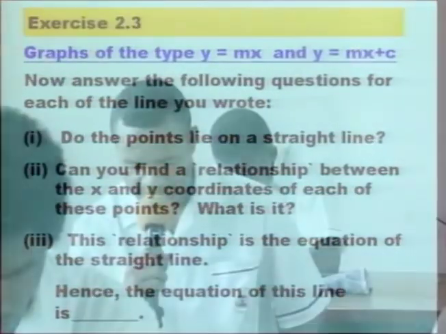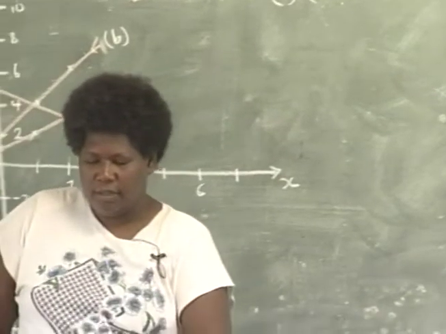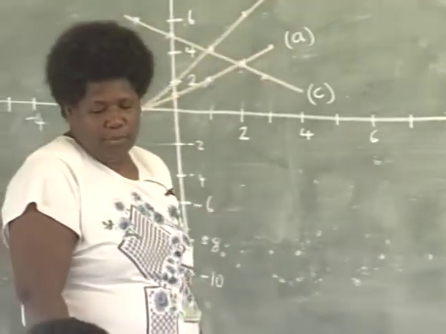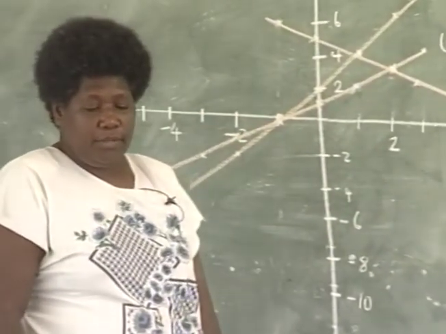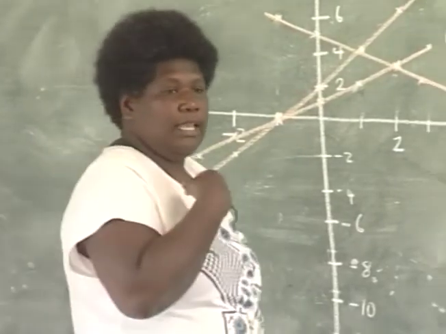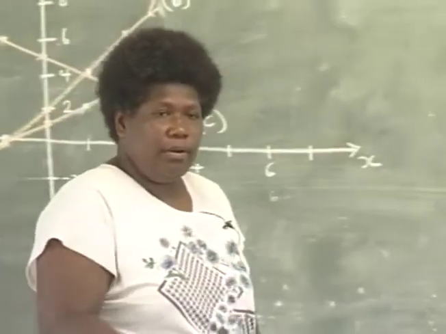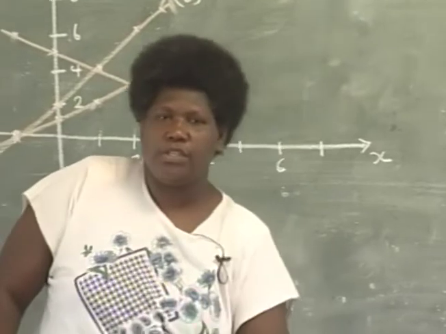Y equals x plus 2. Okay, note, I repeat, it says find a relationship between the x and y coordinates of each of these points. You're supposed to say it in words. Later on, we will write the equation.